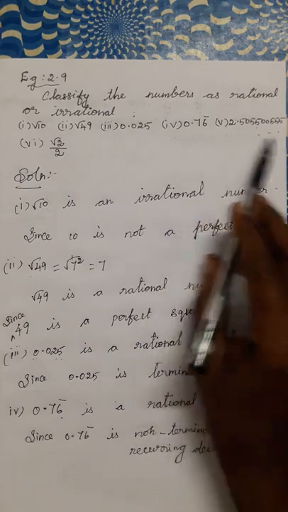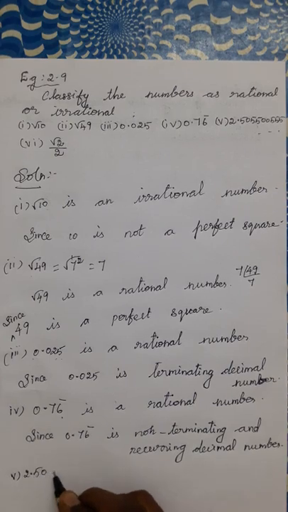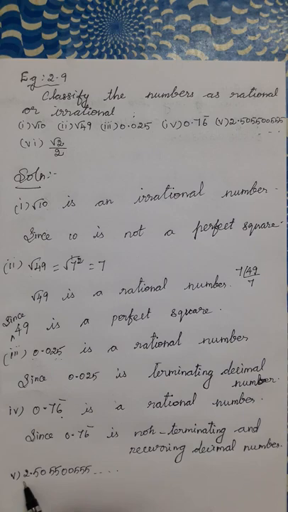Next, fifth question. 2.5055005555 etc. It is non-terminating and non-recurring. 50, next 5500, 555 etc. If it is like this, 505050 going on like that, that is non-terminating and recurring.